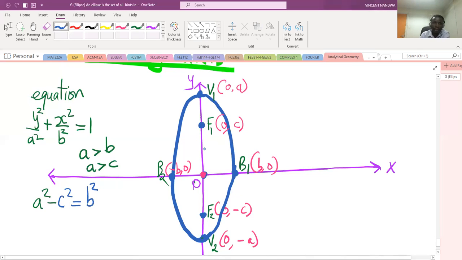The next thing: there are these two lines, called the latus rectum. These lines, which are perpendicular to the major axis and pass through the foci, are called latus rectum.